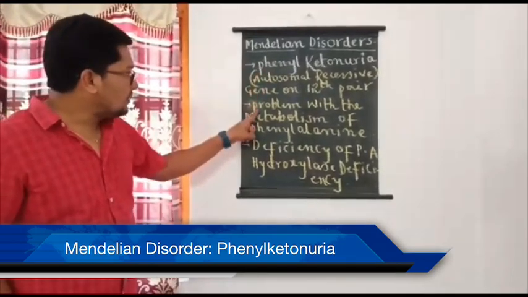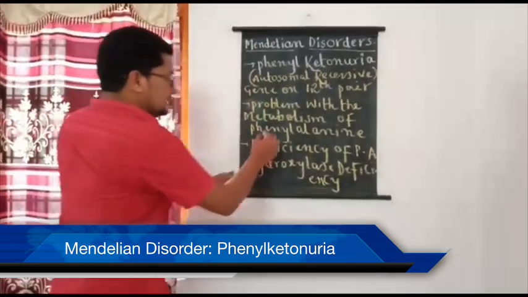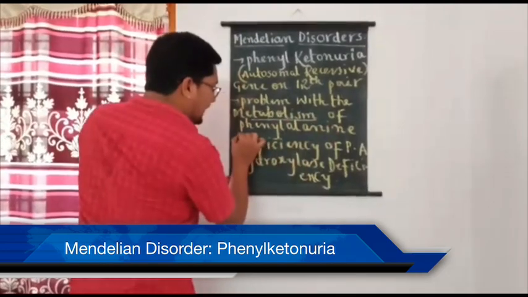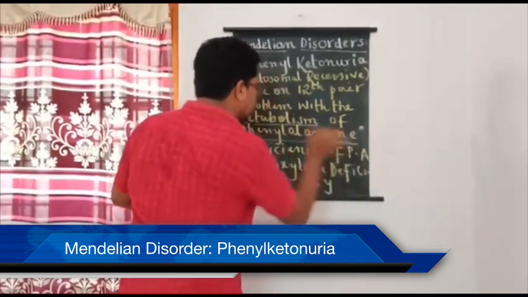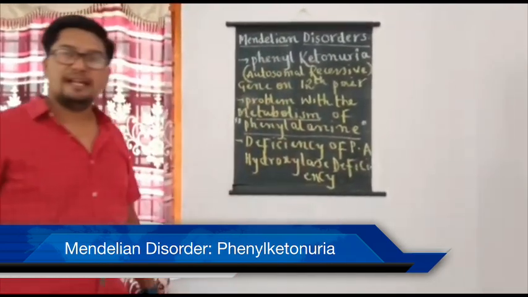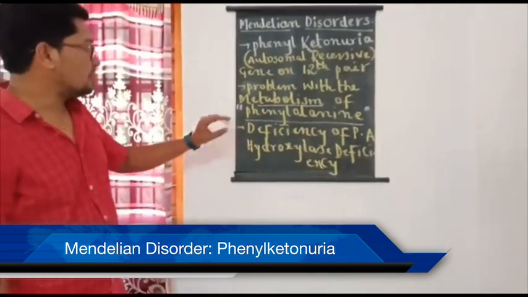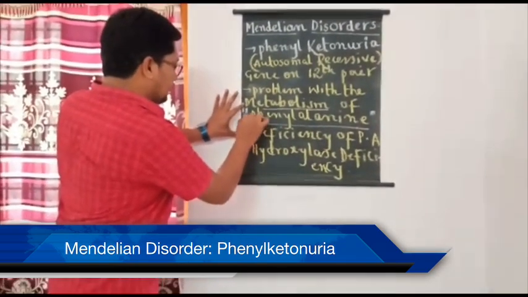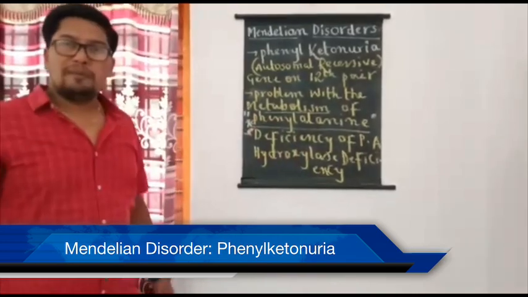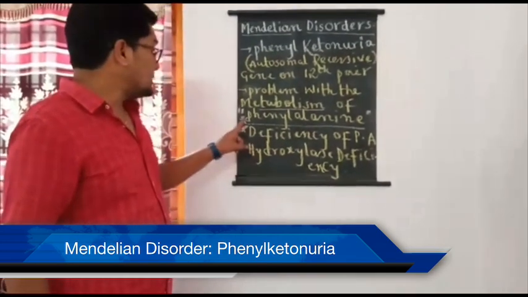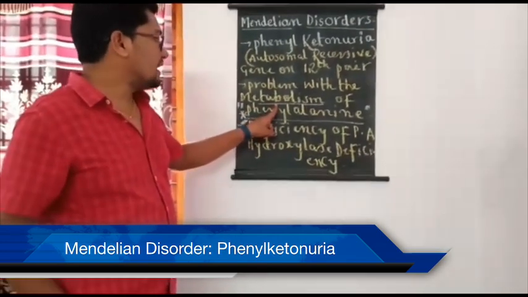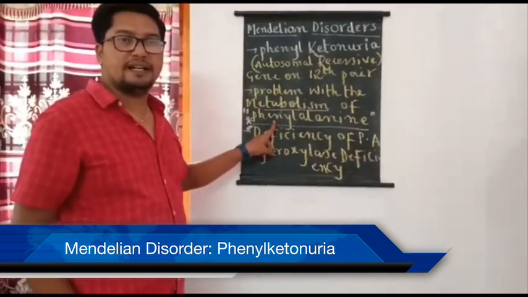Phenylketonuria is the problem with the metabolism of an essential amino acid, that is phenylalanine. So, important point, phenylketonuria is always associated with the metabolism of phenylalanine.